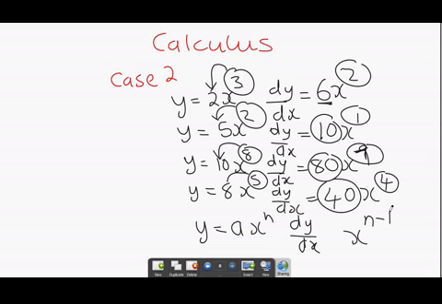And the coefficient will be multiplied with the initial exponent, which is n. Remember, the n would go and multiply, and then we would have a. So the n went and multiplied with the a to give us na, and for the exponent here, we reduced it by 1. So that is the rule of differentiation.